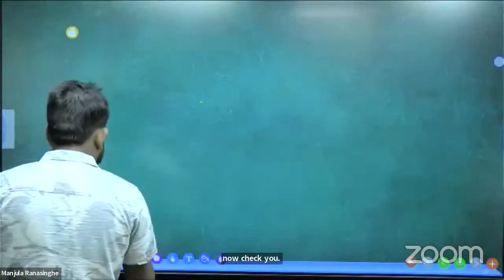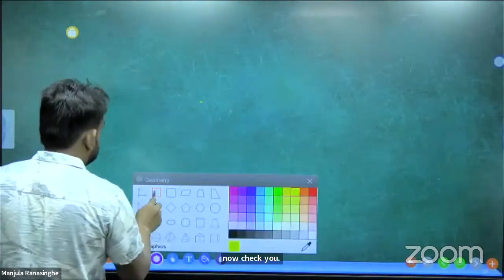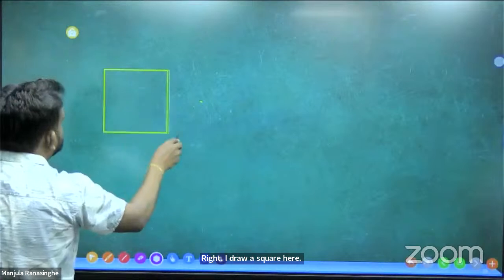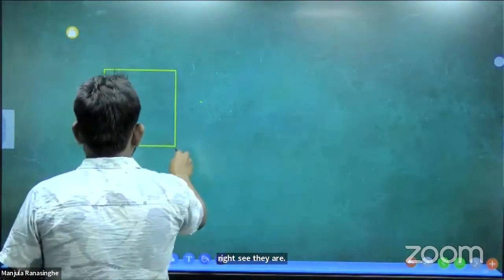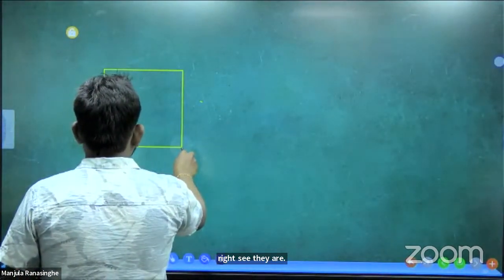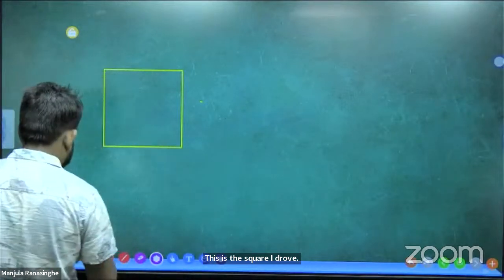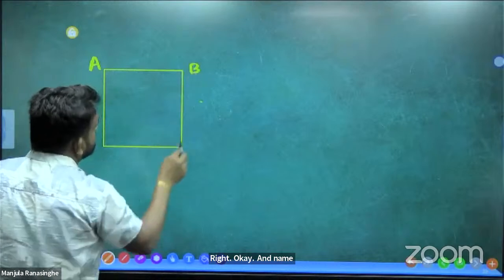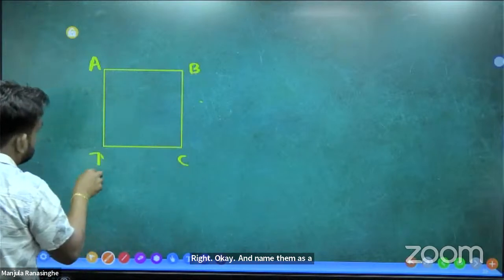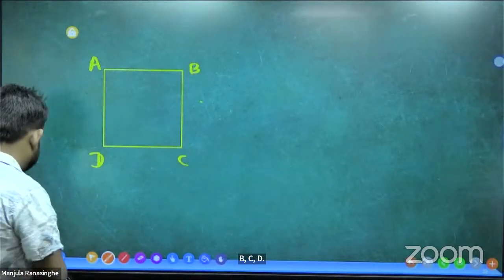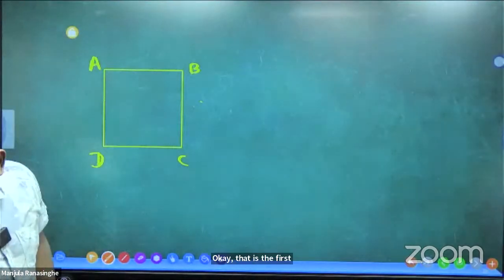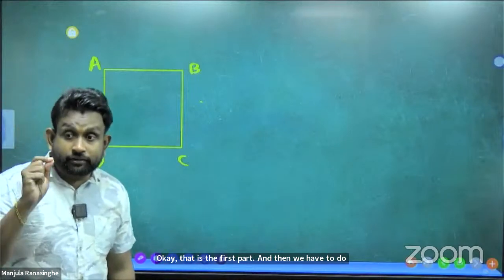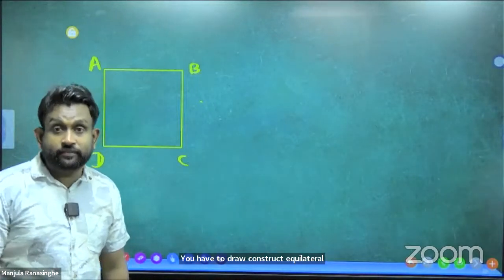Right, I draw a square here. See there, this is the square I drew. Okay, and name the vertices A, B, C, D. That is the first part. Then we have to construct equilateral triangles on every side of the square.